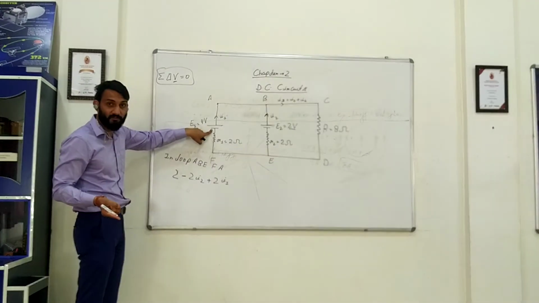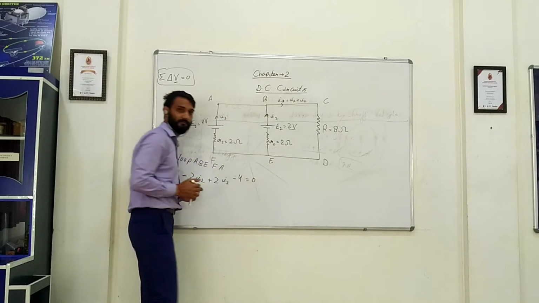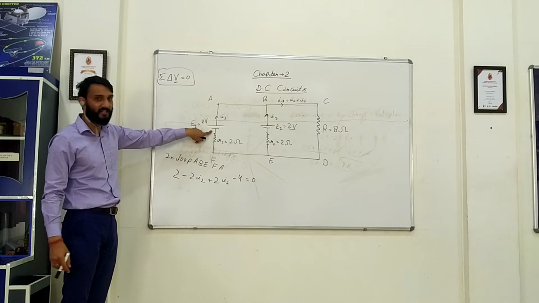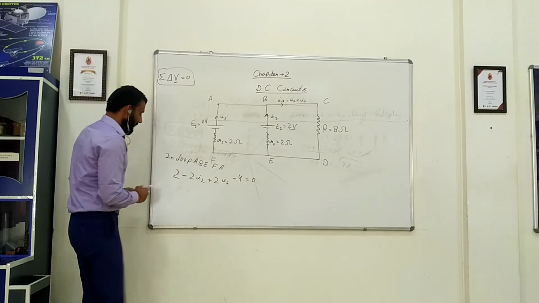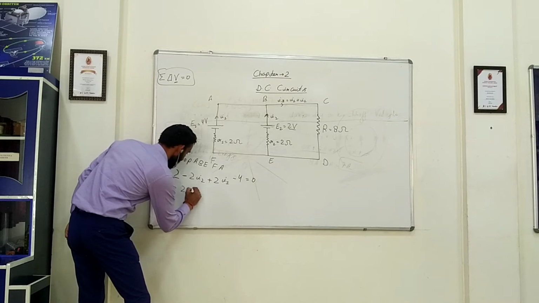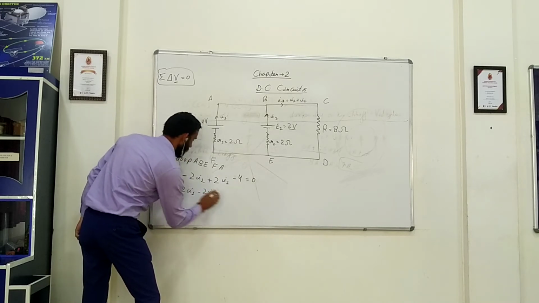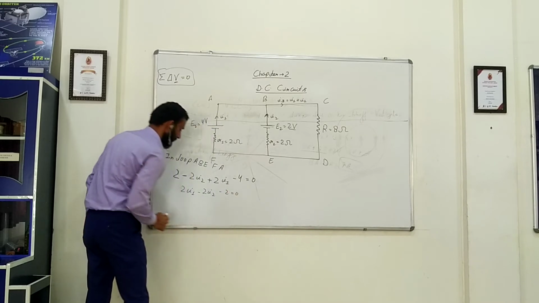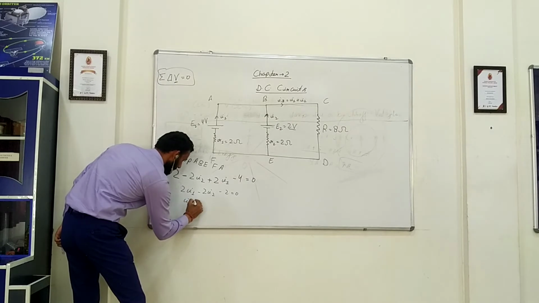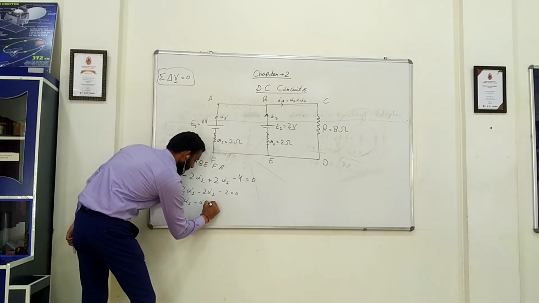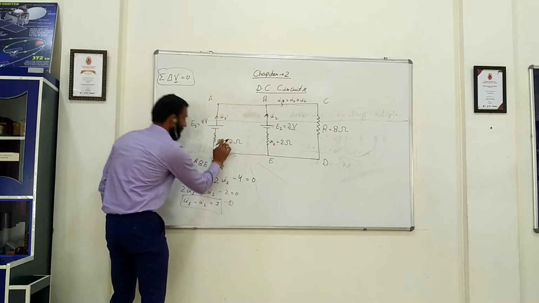If I reach the negative of the battery, I will write minus 4, equals 0. Why minus? Because I have reached the negative. Now this is 2 I1 minus 2 I2 minus 2 equals 0. Take 2 common: I1 minus I2 equals 1. This is the first equation, guys, from this loop.